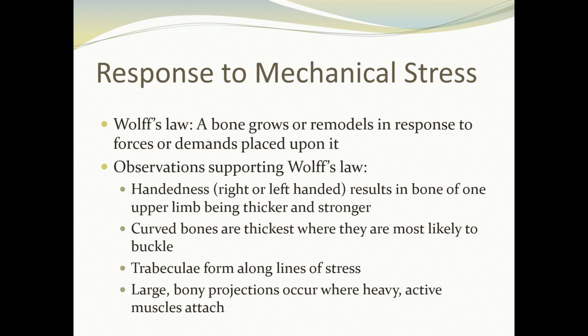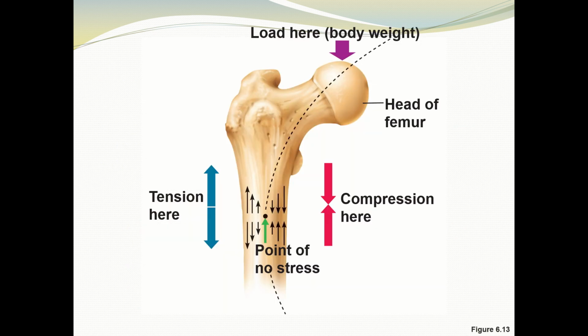We see curved bones are thickest where they are most likely to buckle from all the compression forces. Trabeculae will form along lines of stress, and large bony projections occur where heavy active muscles attach. So the mechanical forces placed upon the bone can make the bone stronger.